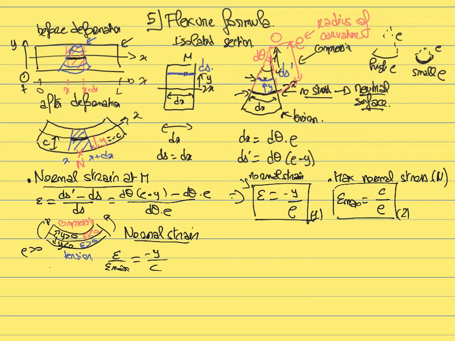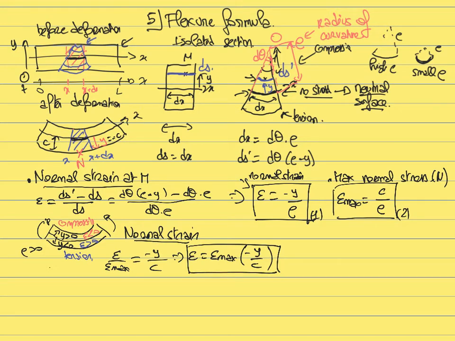So that's another way to write the normal strain. You can say that the normal strain epsilon is equal to the maximum normal strain times minus y over c. So that's another way to express the normal strain.